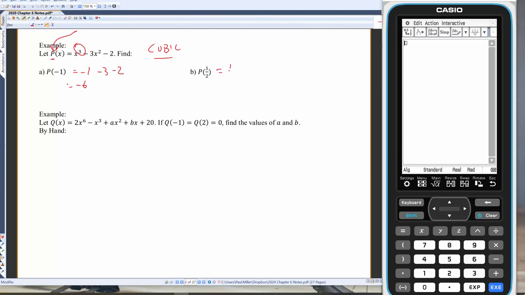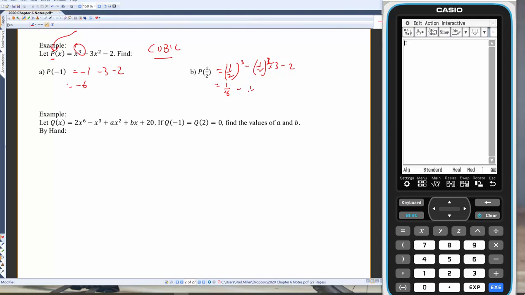Okay, P of a half. We've got a half cubed. Take away a half squared times 3. Take away 2. 1/8. This one is going to be, what did I write? Power 2 there. We're going to have 1 to the power of 2 as well.